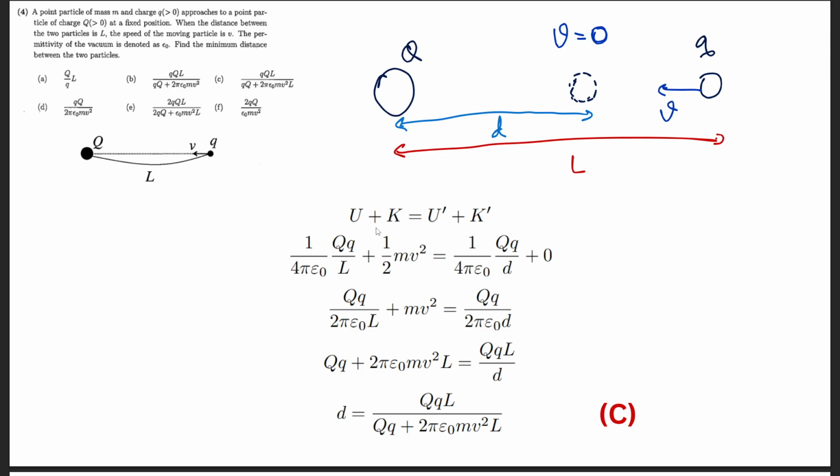The potential energy of the small q here is 1 over 4 pi epsilon naught times big Q times small q over the distance, in this case big L, plus, since there is kinetic energy and a speed of v, and the mass of the charge small q is m, we can write it as a half times m v squared.